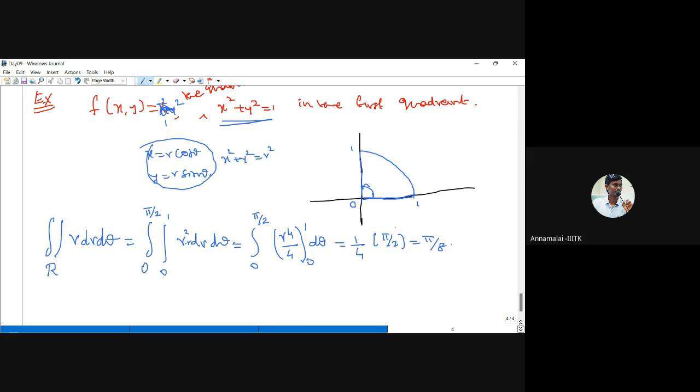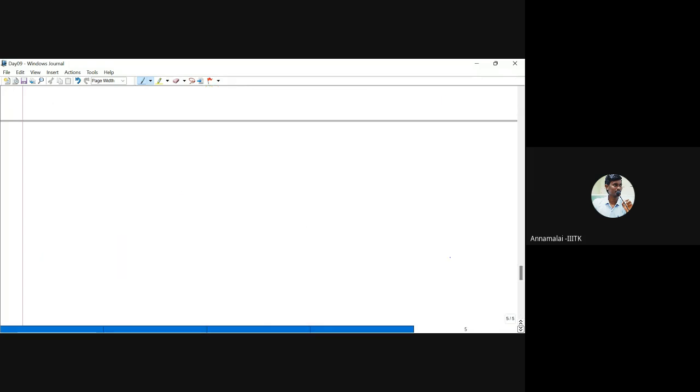Okay, so you have to change the Cartesian coordinates into polar coordinates, and then you can easily find the value. So far we discussed the double integral. Similarly, we can extend this concept into the triple integral. So if we take some subset D of R3 and then we define some function, let D be a subset of R3, and the function f defined from D to R is a function of 3 variables.